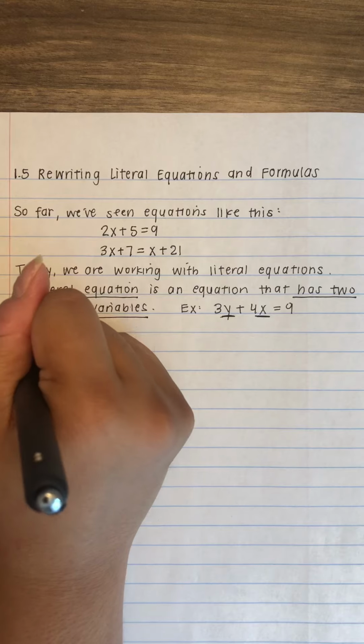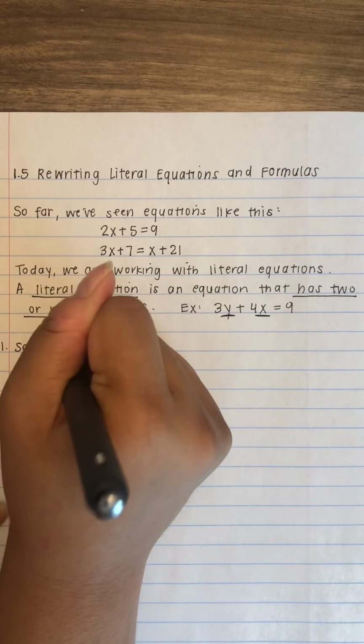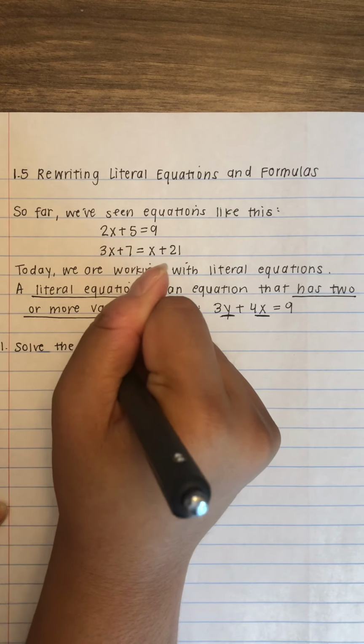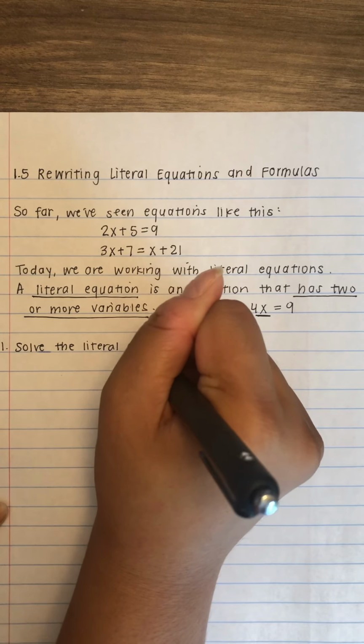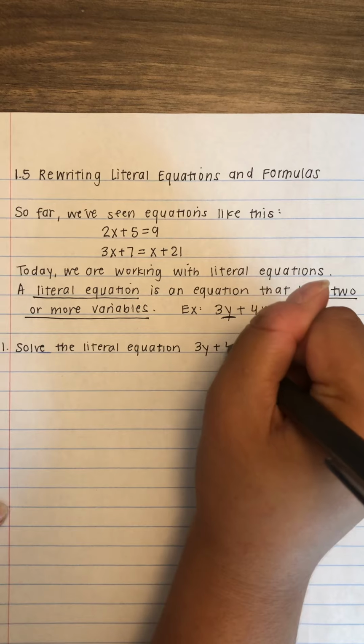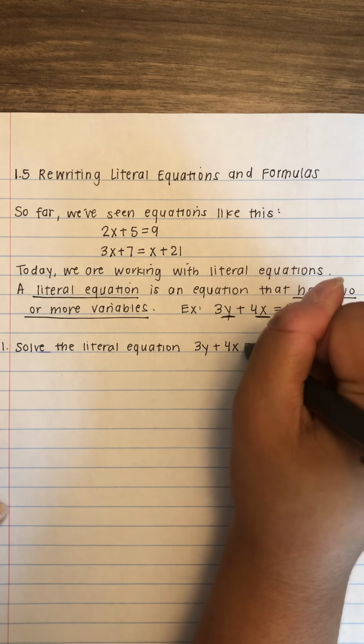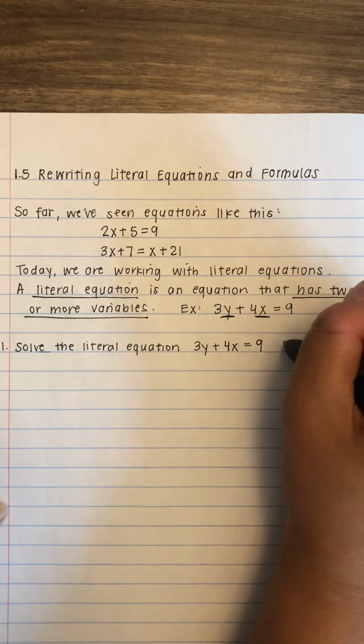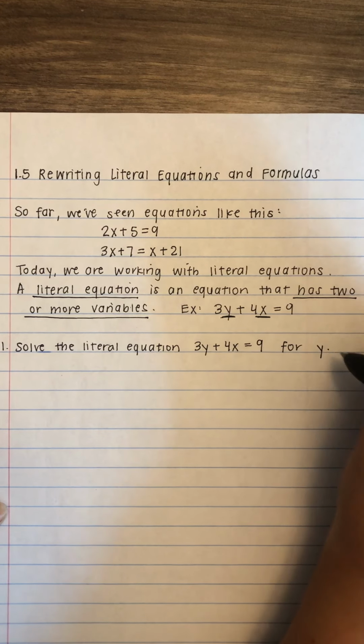So we're going to solve the literal equation 3y plus 4x equals 9, and we're solving it for y.